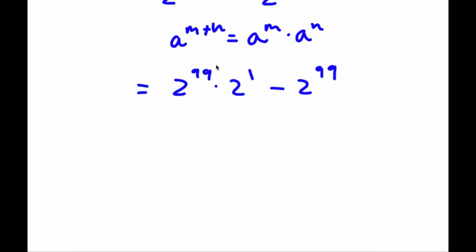So now, because both these terms have 2 to the power of 99, if I factor out 2 to the power of 99, I get 2 to the power of 99 times 2 to the power of 99 times 2 to the power of 1 divided by 2 to the power of 99 is simply 2 to the power of 1, minus 2 to the power of 99 divided by 2 to the power of 99 is 1. So I have 2 to the power of 99 times 2 to the power of 1 minus 1.